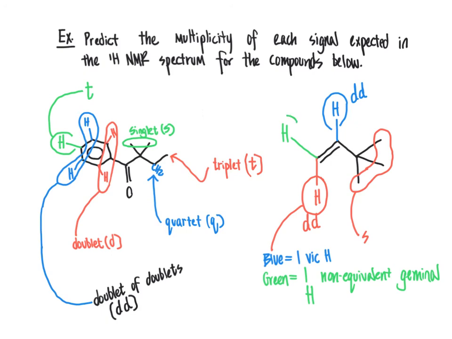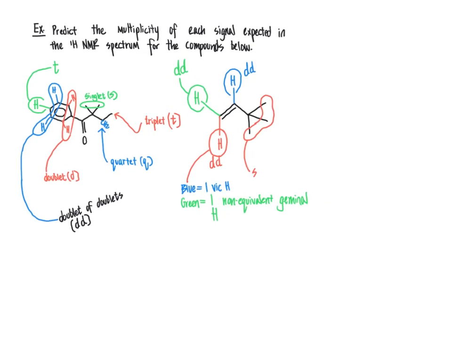Similarly, if we come up to this green proton, we have the same sort of scenario where it is going to couple to the geminal proton here in red. It will also couple to the vicinal proton in blue, giving us a doublet of doublets here as well. So this illustrates to us the special scenario of where there is geminal coupling if the two protons are non-equivalent.